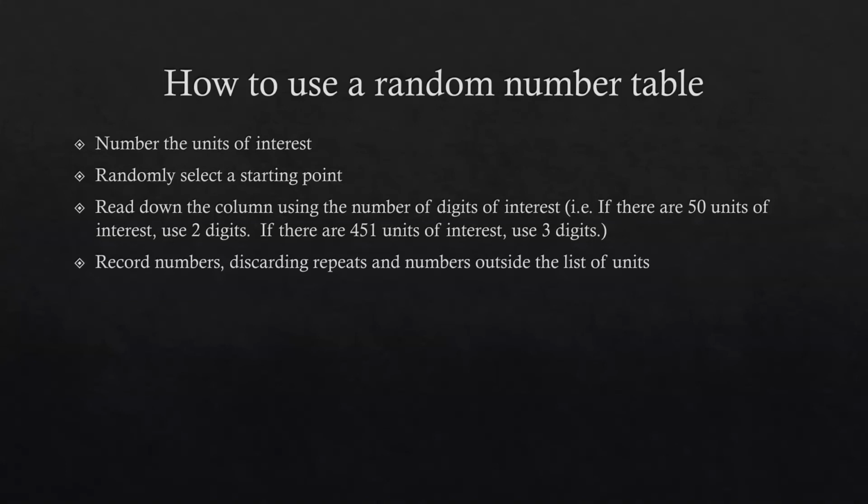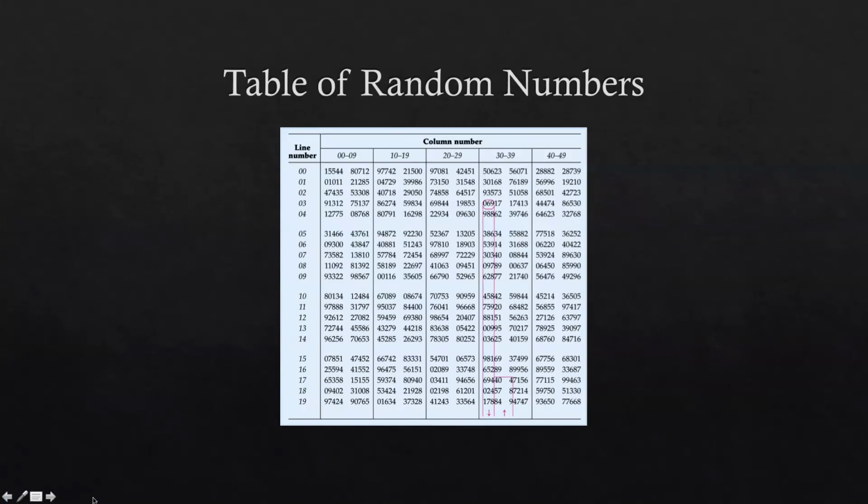So, in other words, what you would do is you would go down that list. We would go down this list, and let's suppose here, just for the sake of having an example, let's suppose here that we have 100 numbers of interest. Well, that's 3 digits. Okay, that's 3 digits. So here's our 3 digits. We randomly selected 069. So I would go down through here, and I would select.